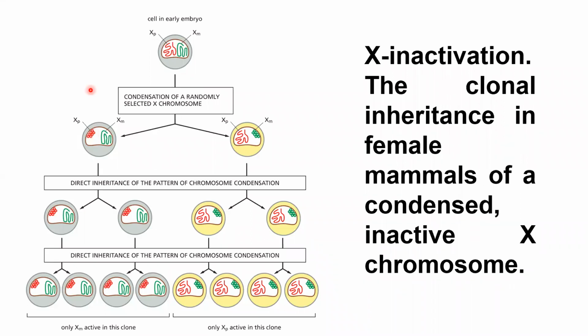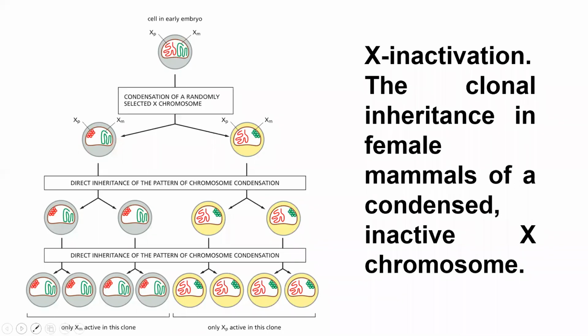For now, just know that there is this random choice; there's no particular decision as to why I should choose the paternal X or the maternal X. The choice is random, and the maintenance of the X chromosome in its silent state is done by the chromatin remodeling enzymes, the histone deacetylase, the histone methylase, or the demethylase.